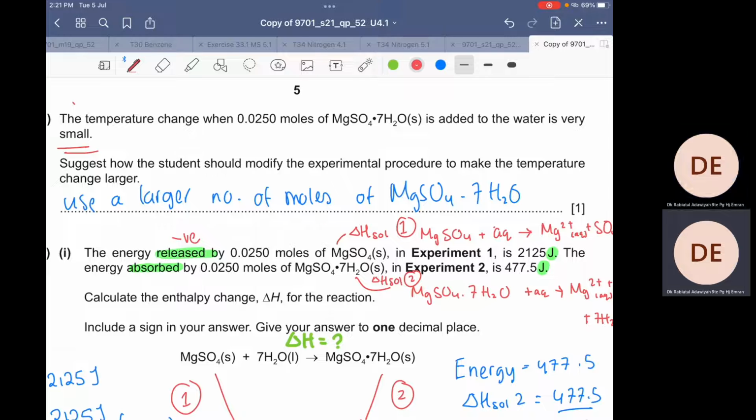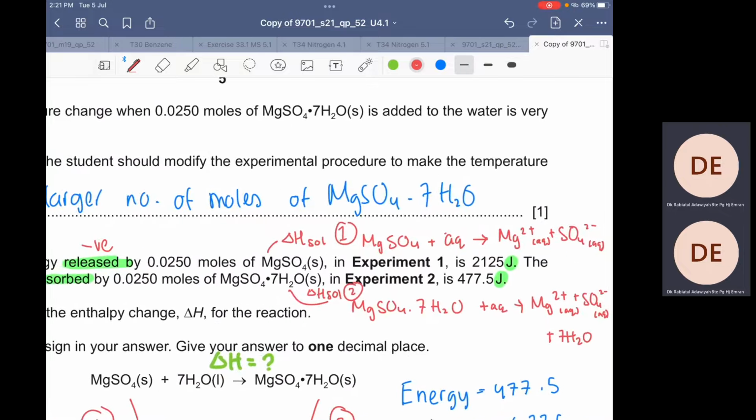Okay. 0.0250 moles of magnesium sulfate. You dissolve it in distilled water, aqueous. So this is what happens. Enthalpy change of solution. Dissolve magnesium sulfate solid to form magnesium 2 plus aqueous and sulfate 2 minus aqueous.